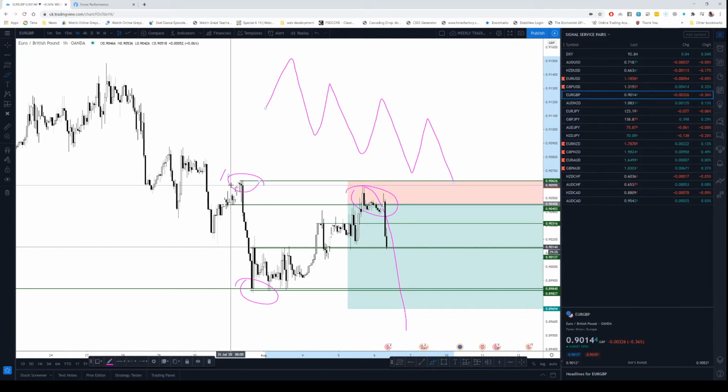Therefore you need to switch and go back to the 4-hour and see, okay, the 4-hour is now broken structure to the upside.